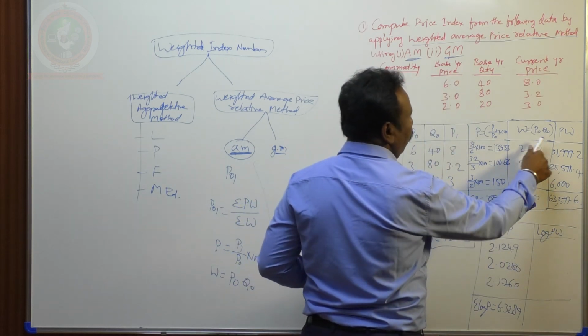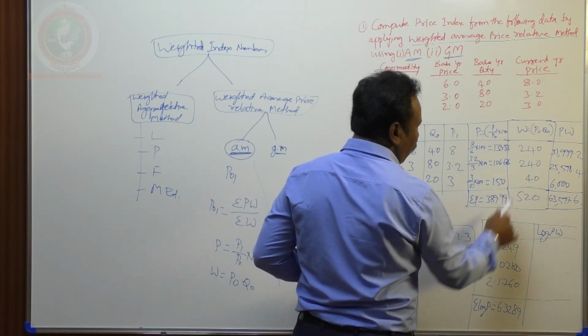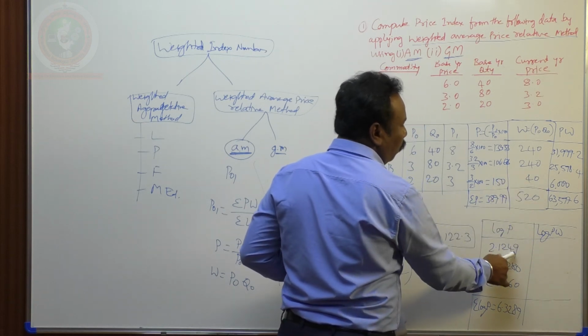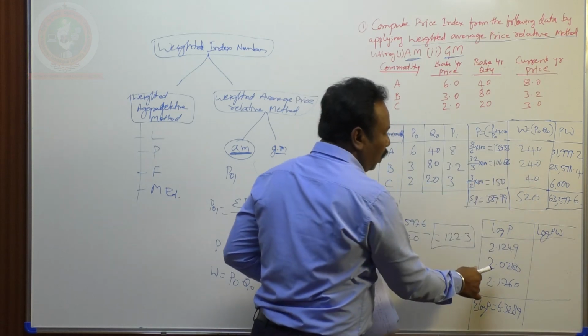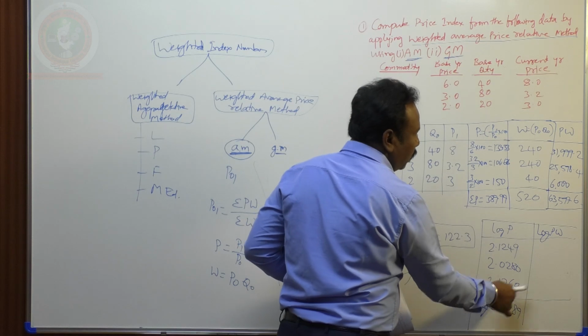Then comes log P into W. W we calculated here: 240, 240 and 40. So multiplying log P by this: 2.1249 into 240, 2.0280 into 240, 2.176 into 40.